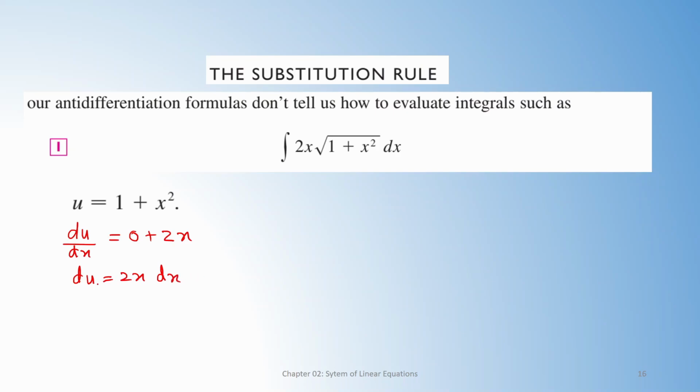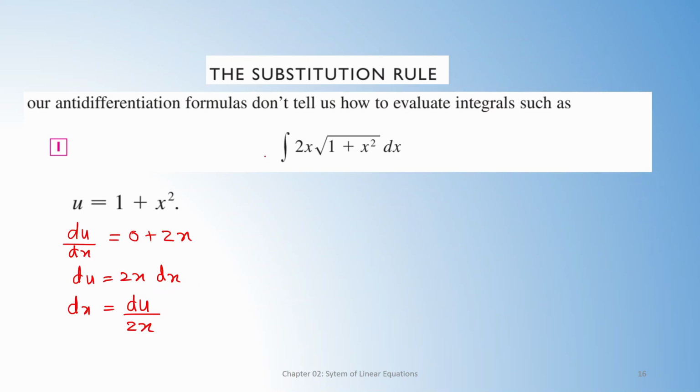One can say the differentiation of u is du, differentiation of x squared is 2x, and the differentiation of x is again dx. So therefore, u is equal to 1 plus x squared, du is 2x dx, then you can say dx is equal to du over 2x from here.